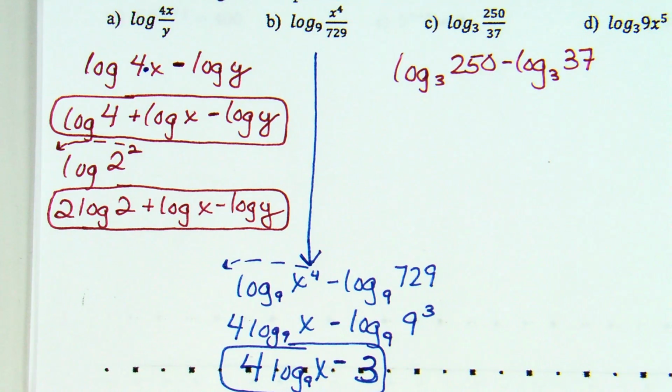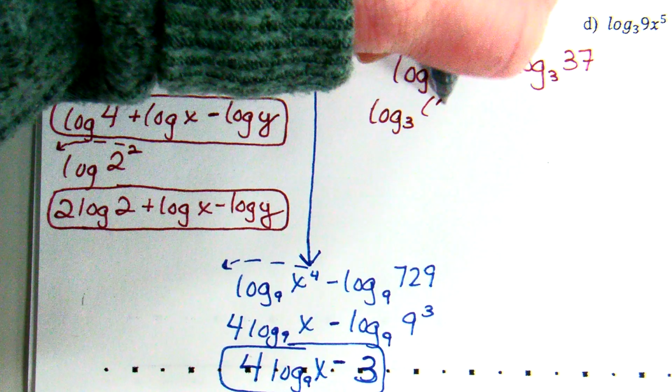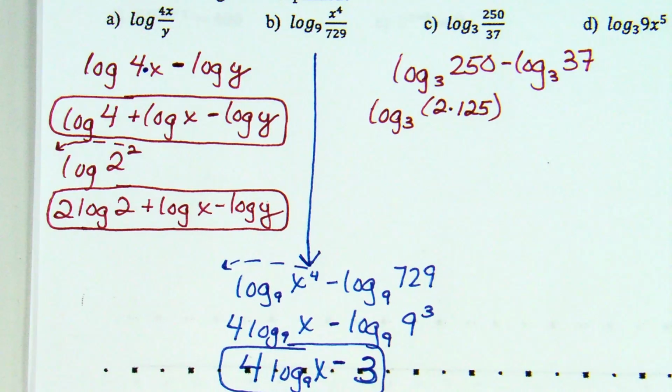Okay. 125 goes into 250, yes? Technically 25 also does, but the bigger the better. So 125 times 2 is 250, yes? Okay, let's work with this. I'm going to rewrite. This is log base 3, and 250 I'm going to write as 2 times 125.